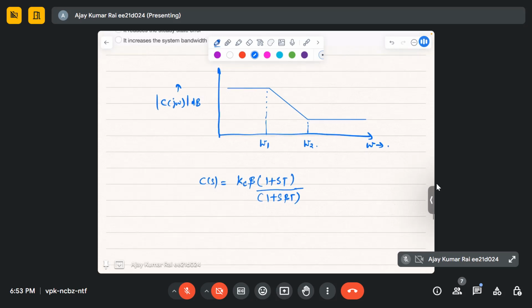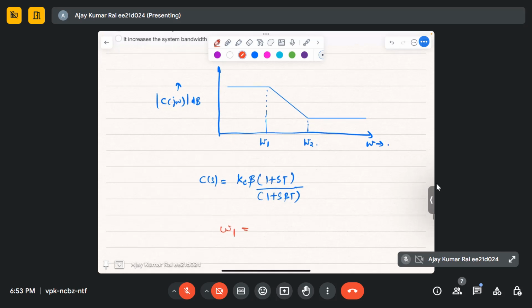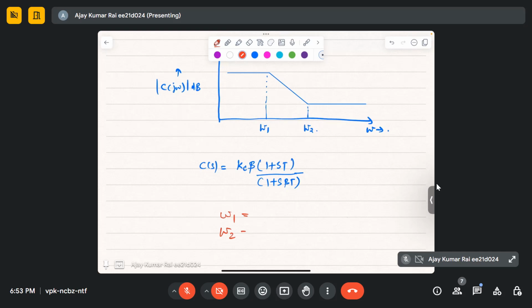Okay, so do you know what the corner frequencies are here? 1 by T and 1 by βT.